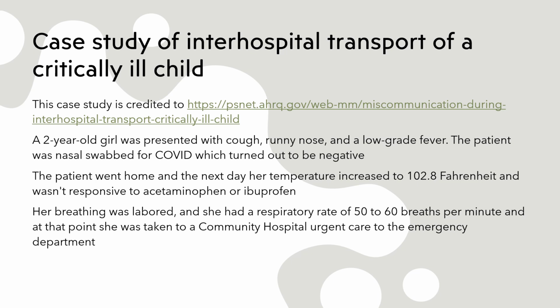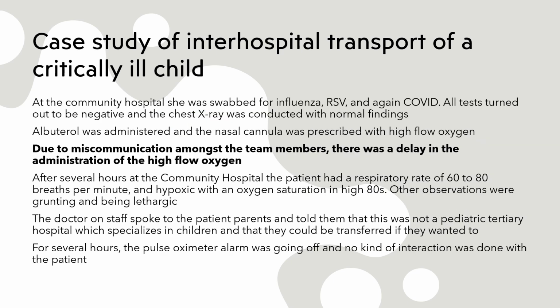Her breathing was labored, and she had a respiratory rate of 50-60 breaths per minute. At this point, she was taken to the local community hospital urgent care center, to the emergency department. At the community hospital, she was again swabbed for influenza, RSV, and again COVID.